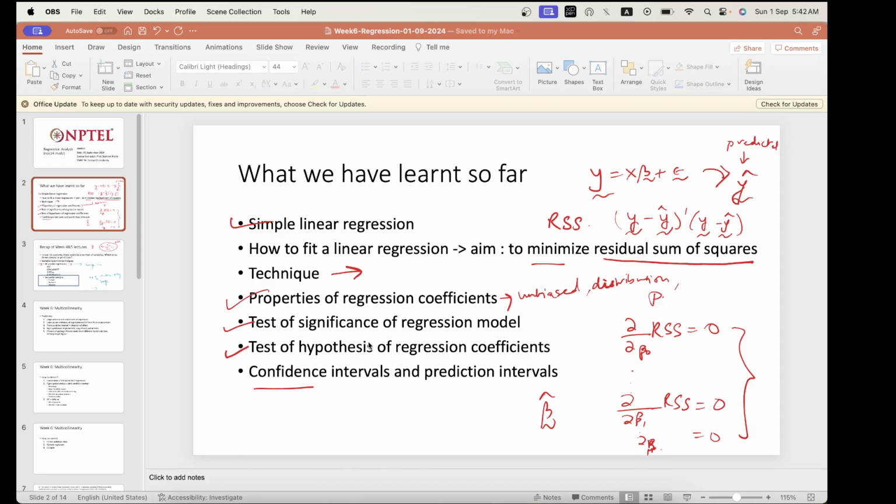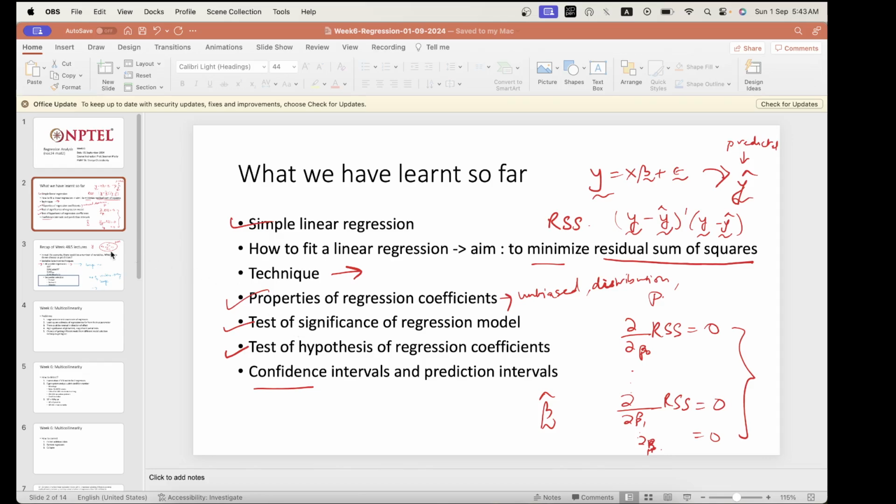So if we have one variable to test, then we can go ahead with the t-test. If we have more than one, then we can go ahead with the F-test using the extra sum of squares techniques. And we've learned how to create confidence intervals and arrive at prediction intervals.